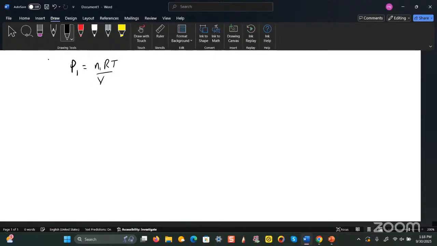And then P2 will be equal to N2 RT over V. And then P3 would be equal to N3 RT over V.